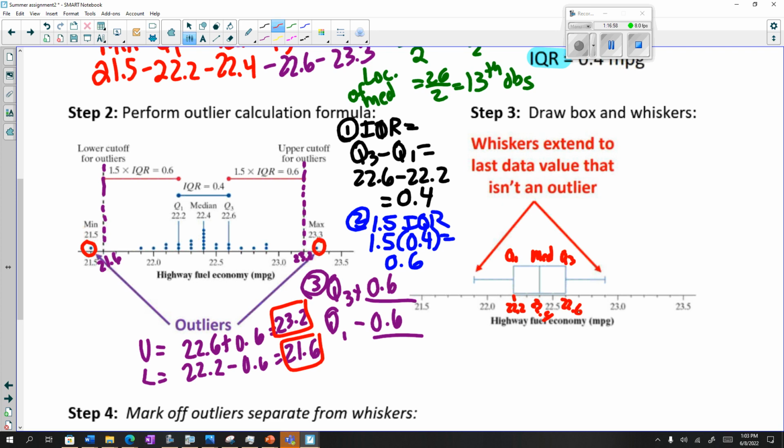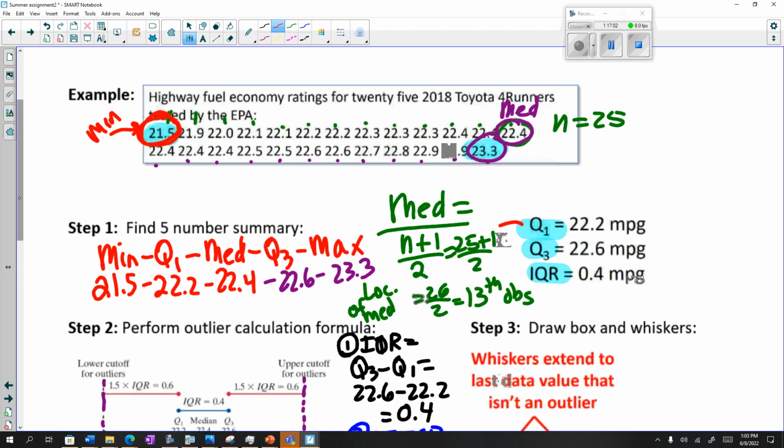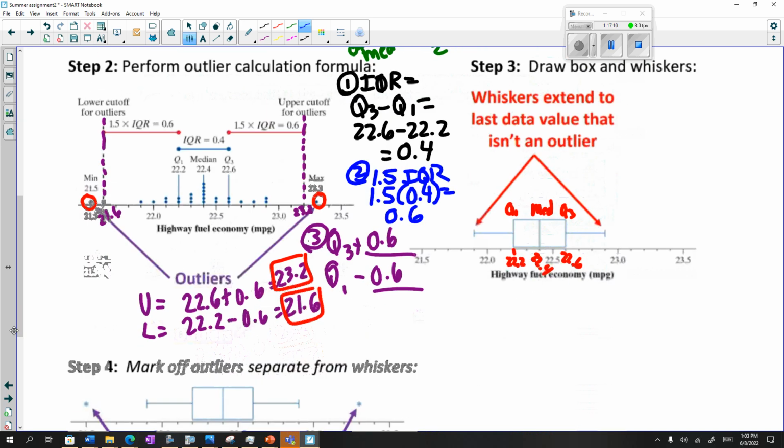And then the lowest number that was not an outlier was 21.9. And the highest number that was not an outlier was 22.9. So as you can see here, they extended this whisker to 21.9, the lowest non-outlier minimum, and then they extended this whisker here to 22.9, the highest non-outlier maximum.